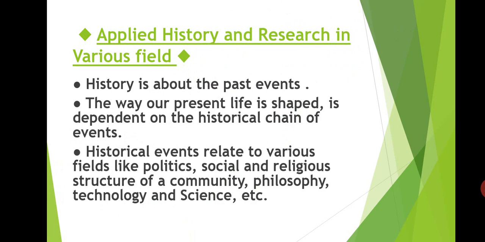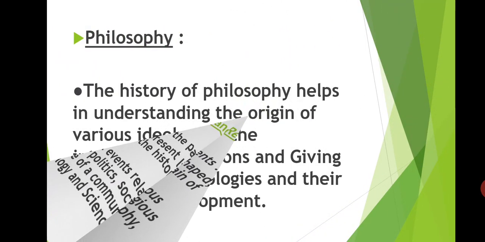The direction of future development in every field is dependent on the state of available knowledge. Hence, the method of history can prove to be of value in the research of various fields, for example, philosophy.